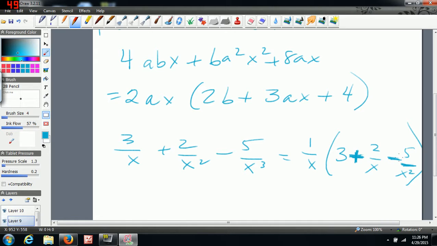Okay, so that would just be minus 5 over x squared. Yeah. Okay, so this would multiply in, so this would be the opposite way: 3 plus 2 over x minus 5 over x squared. Okay, let me get you another one.